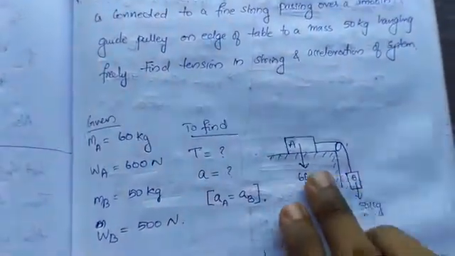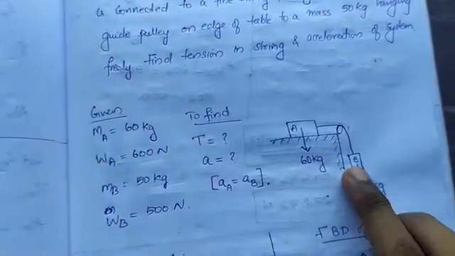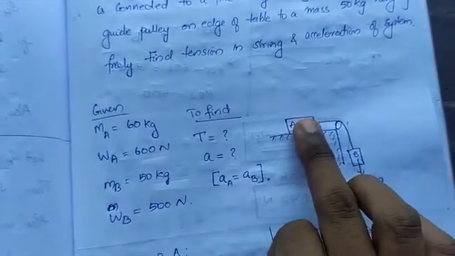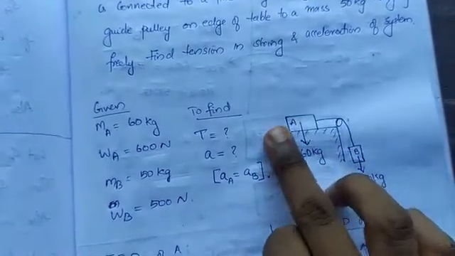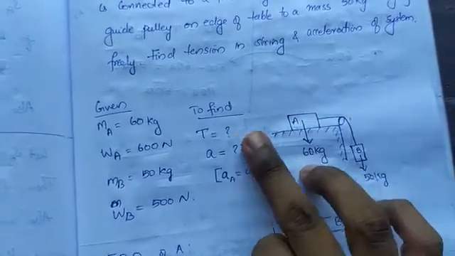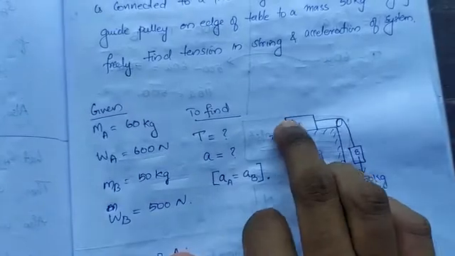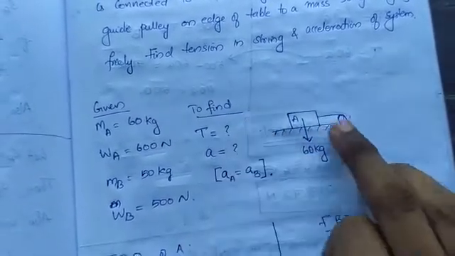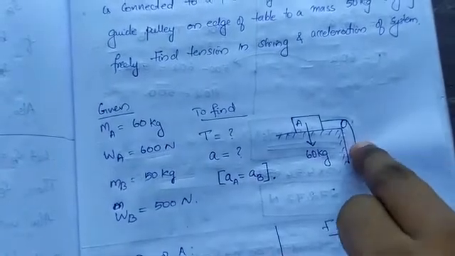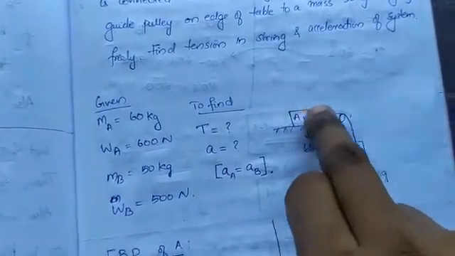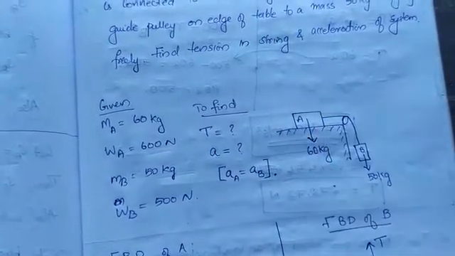From this diagram we assume that there is no chance that this will move along this side. There is no force along this direction, so this will not move, right? But the 50 kg is applied towards this direction, so there is a tendency of this object to move along the right side.